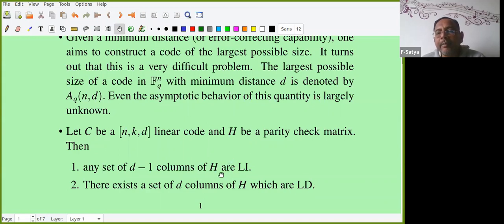So the parity check matrix will help you find the distance. Distance is d means any d minus 1 columns are linearly independent, but there exists a set of d columns which is linearly dependent. If all the d columns are linearly independent, then the distance is greater than or equal to d.